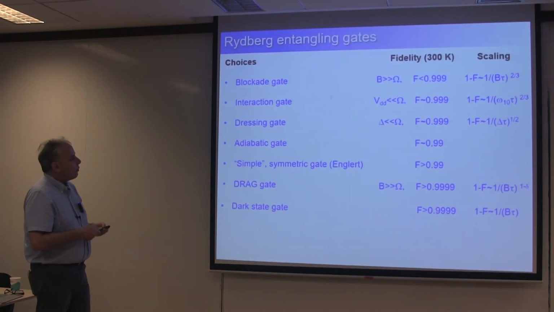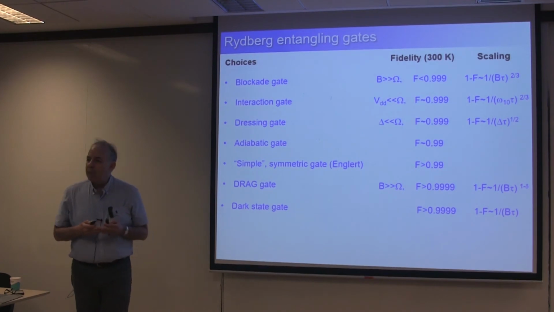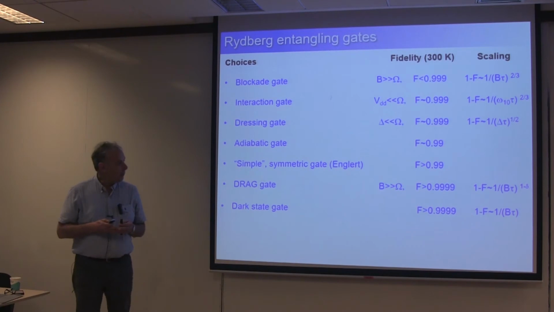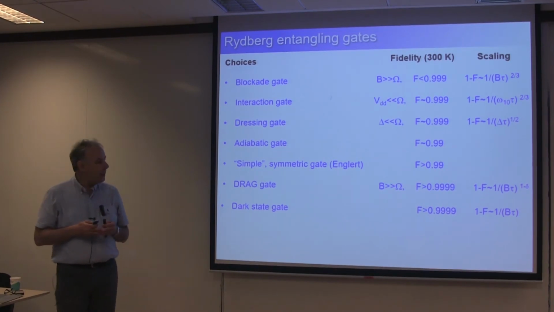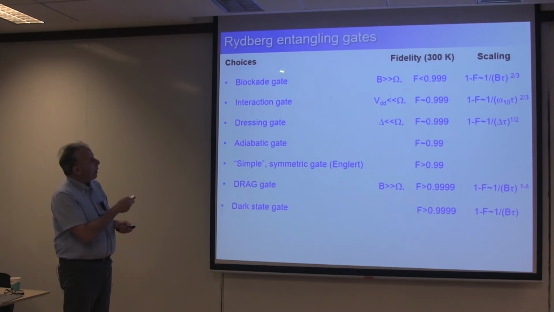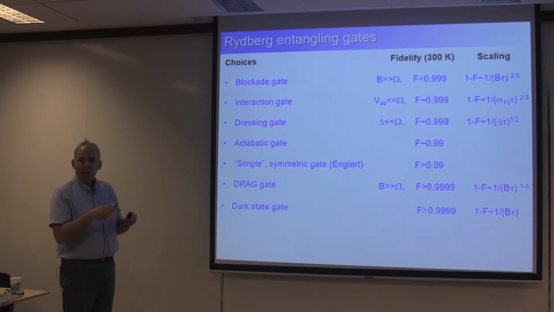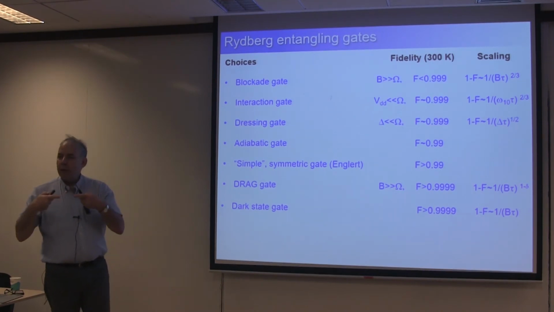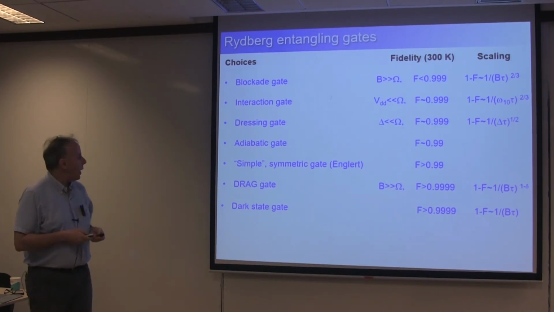And so there's been a lot of analysis of different protocols for optimizing the fidelity of this Rydberg gate. That's more appropriate for a seminar to go into details about those analyses. What I've been showing you, this blockade gate, in principle can be as good as 3/9 of fidelity. There are other versions of the gate, something called an interaction gate, where you excite both atoms by driving them hard and let them interact with each other to pick up a conditional phase.